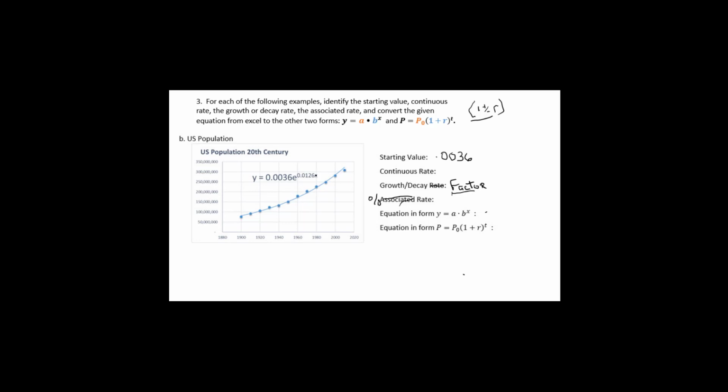The continuous rate is right here. It's K. It's 0.0126, which is 0.0126 over 1, or 1.26 over 100, which is 1.26%.